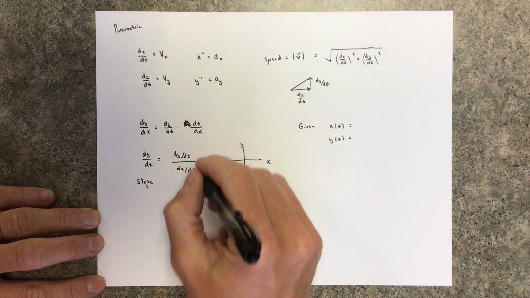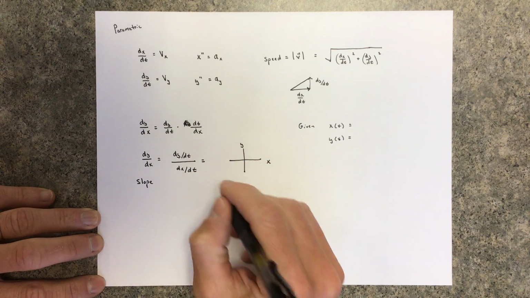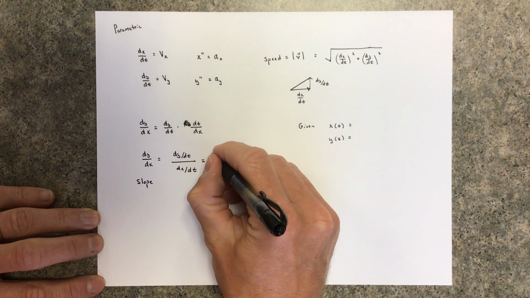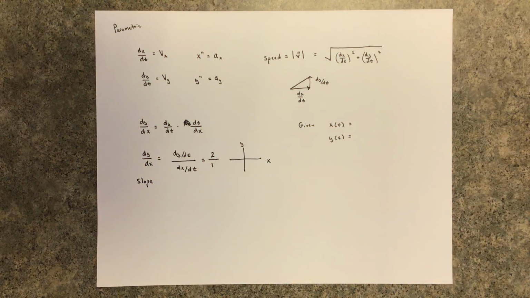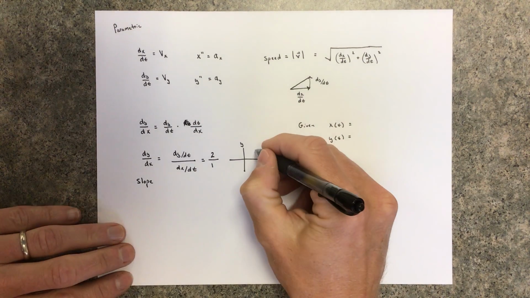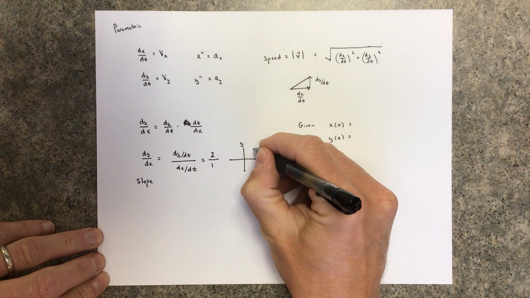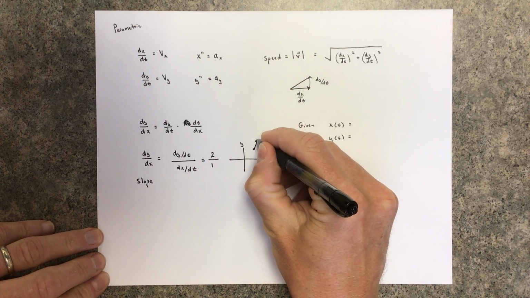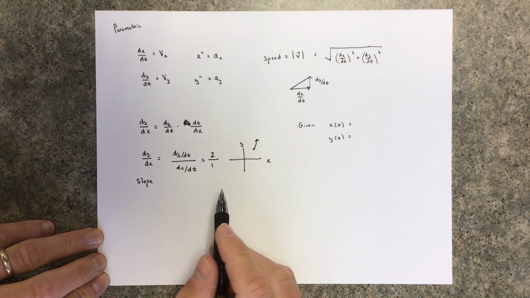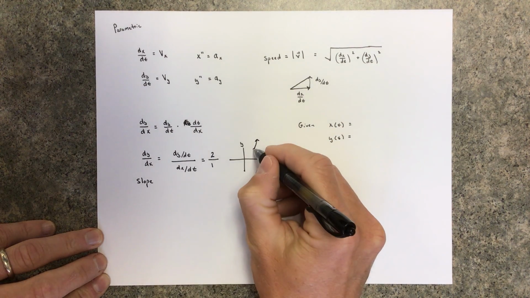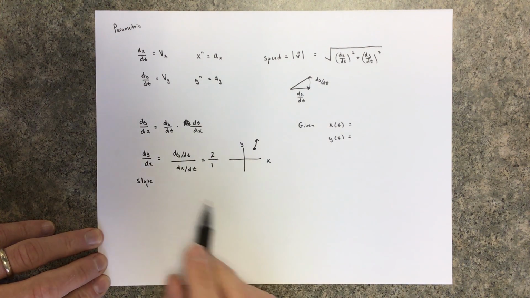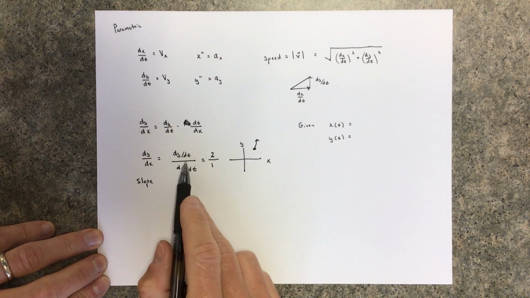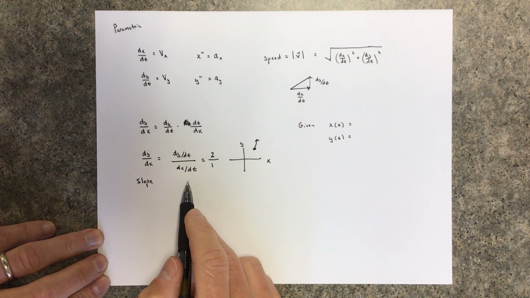Meaning, if you were going 2 meters per second vertically and 1 meter per second horizontally, then at that moment you'd be heading in this direction. You'd be going 2 meters up for every 1 meter to the right during that second. That does make sense as the slope. So I think the slope formula, dy/dt over dx/dt, makes total sense.